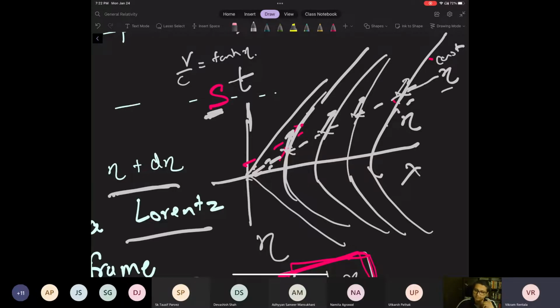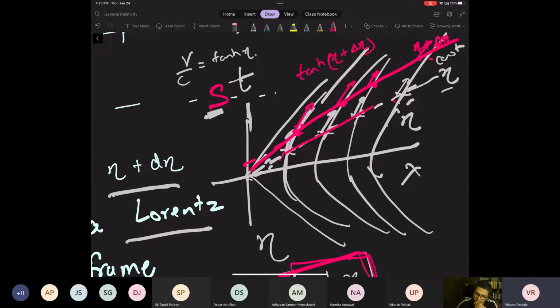Now let me locate them at a different instant of eta. Let me draw a second line like this. This is eta plus some delta eta, some shift in eta. I've located all these observers again and asked what is their speed. Their speed now is tanh of eta plus delta eta. So they have a common rest frame.